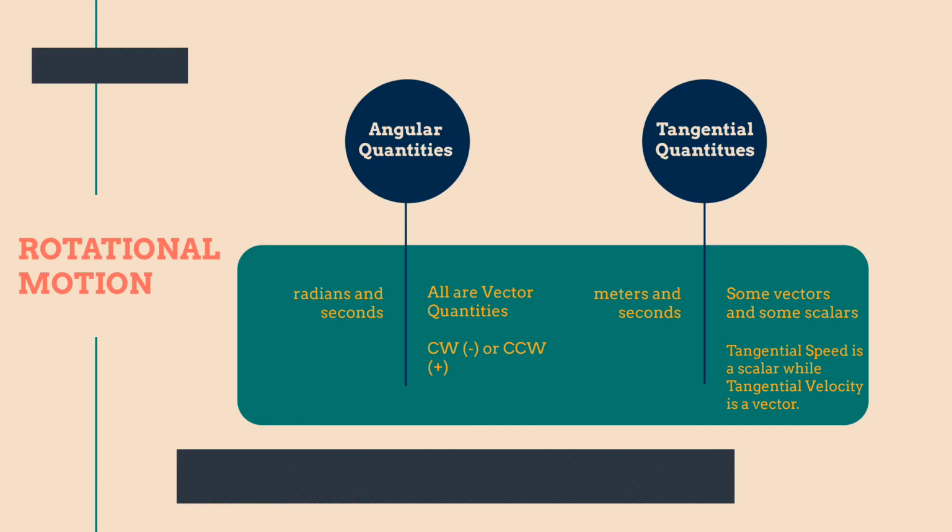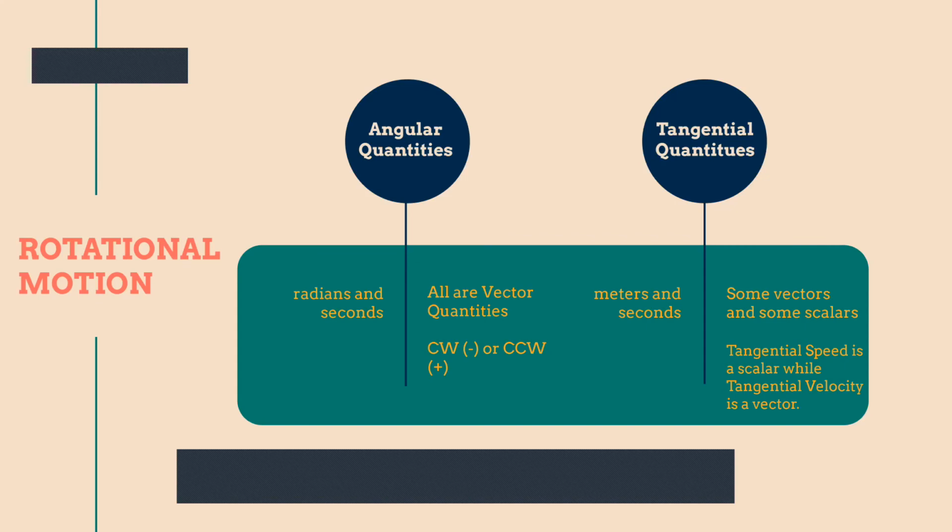Tangential quantities, sorry for the typo, are basically what we talked about before, like linear stuff, meters and seconds. We have some scalars and some vectors, because you can have tangential speed, which is a scalar, it doesn't take into account direction. And we also have tangential velocity, which is a vector, because it does take direction into account. That direction would be up or down at that very instant.